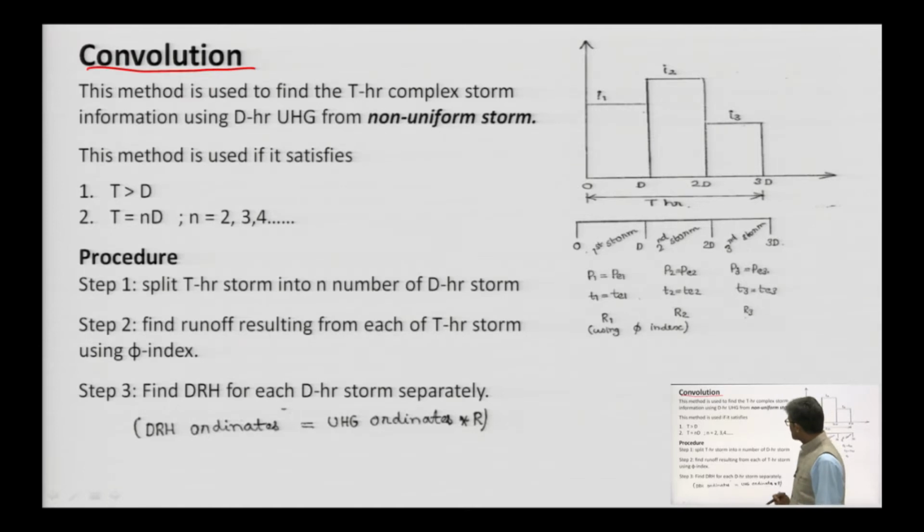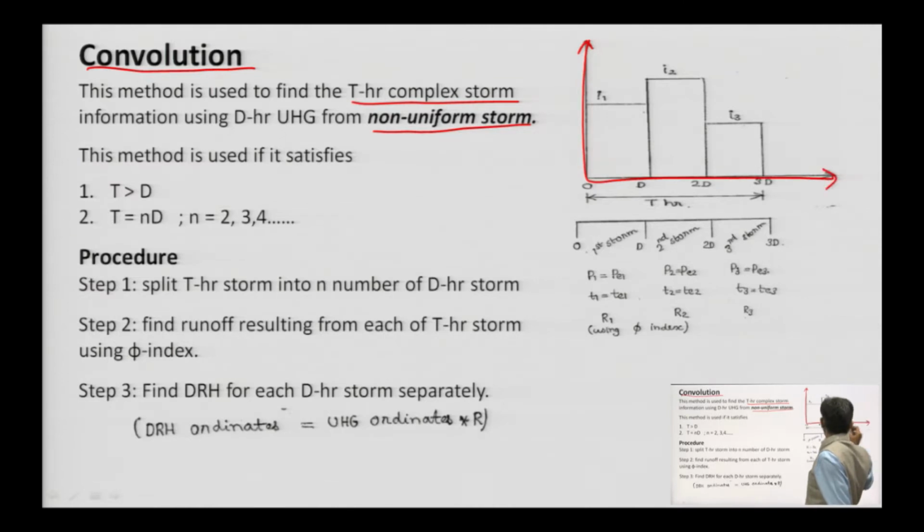These two methods are applicable to get the TR complex storm from non-uniform storms. What is a non-uniform storm? Non-uniform storm means that with the variation of time, say 0 to D, the intensity of rainfall is I1.